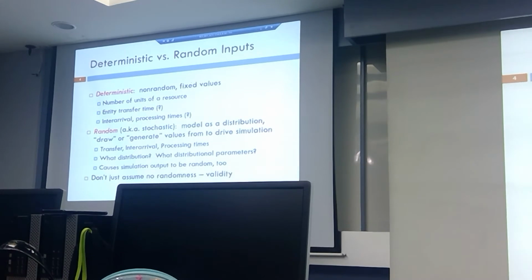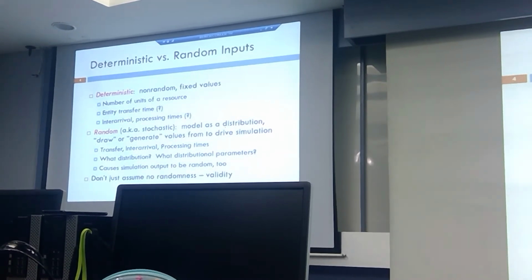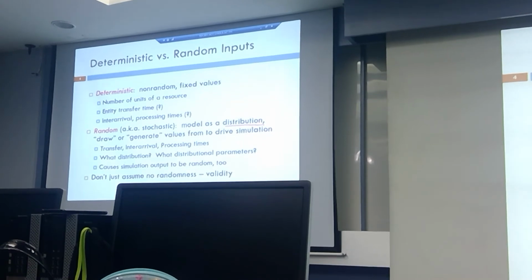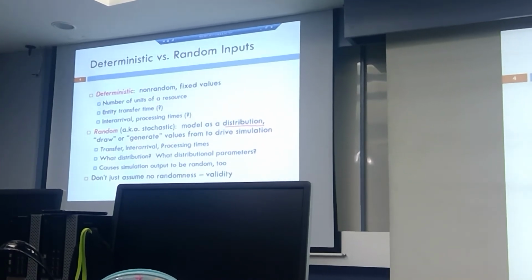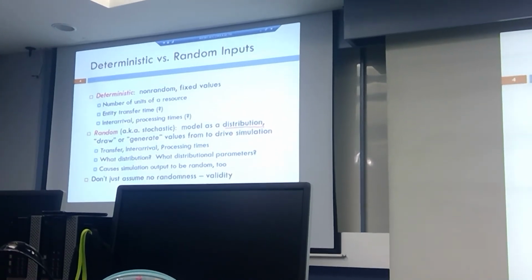And for the random or stochastic input, this one is not constant, right? So when we model it, we model it as a distribution. That's why you see we put a normal distribution with the mean and standard deviation, and uniform with minimum and maximum parameters. That's what you did when you specified the distribution in the model.